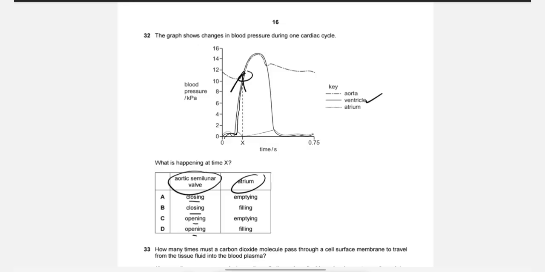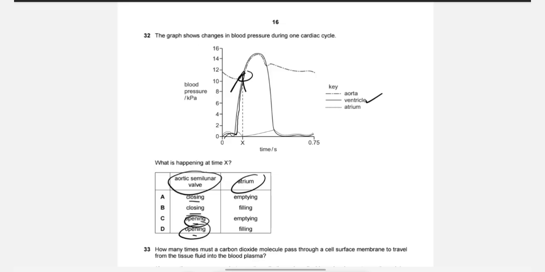One principle that valves use is that when pressure behind them is higher than the pressure in front of them, they open. Ventricles are behind the aortic semilunar valve, so if ventricular pressure increases, the valve will be opening.